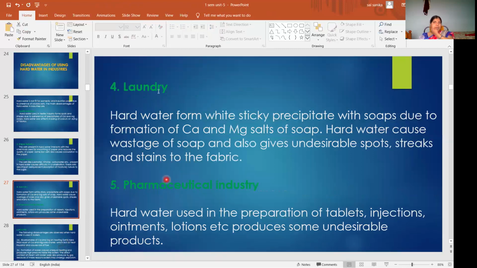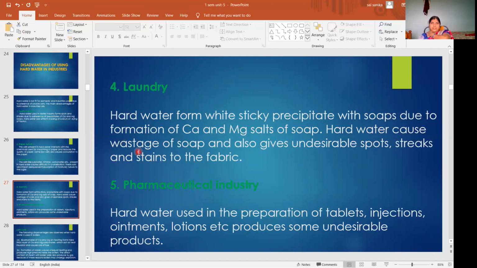Then next come to the laundry. So when you use hard water in laundry, what happens? Washing clothes, domestic purpose, I already told you. The same thing happens here. Hard water forms a white sticky precipitate with soaps due to formation of calcium and magnesium salts of soap.